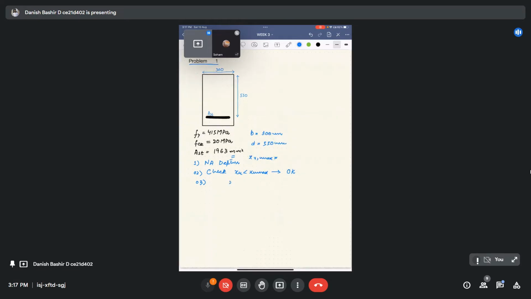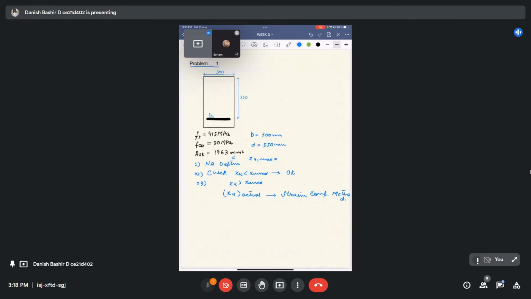But if XU is greater than XU max, we have to perform a cycle of iterations to get the actual depth of the neutral axis. That we do by the strain compatibility method, which we will also be doing.